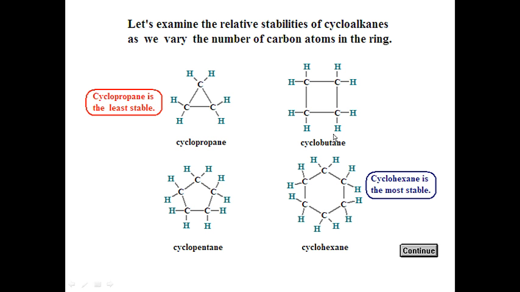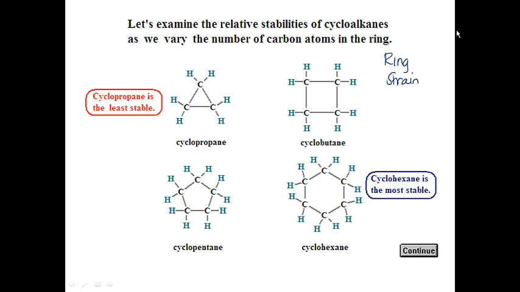Okay, last topic for this pre-class lecture is the idea of ring stability and sometimes what is called ring strain. And your book has the quantitative measures of this ring strain. I'm going to go through it qualitatively.